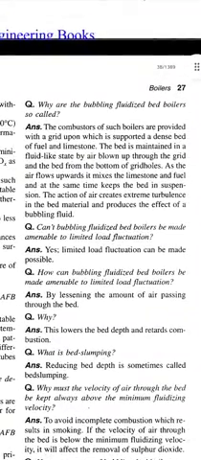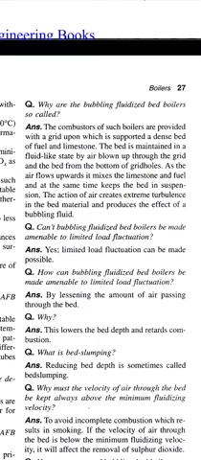Next question. Why are bubbling fluidized bed boilers so called? Answer. The combustor of such boilers is provided with a grid upon which is supported a dense bed of fuel and limestone. The bed is maintained in a fluid-like state by air blown up through the grid holes from the bottom.